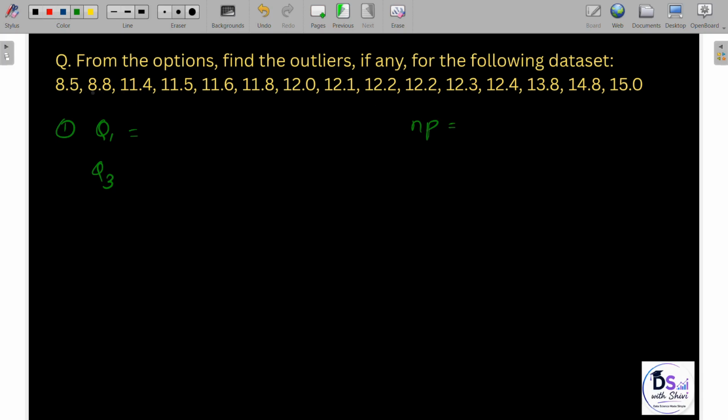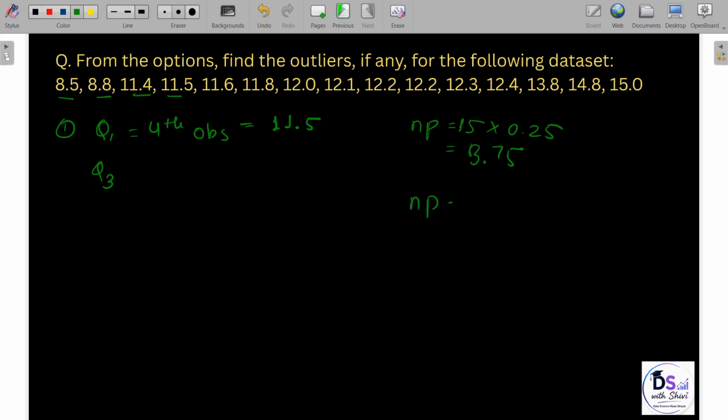Here n is the total number of observations, that is 15. 15 into 0.25 equals 3.75. So for quartile 1, we will be considering the fourth observation. 11.5 is the value for quartile 1, Q1.